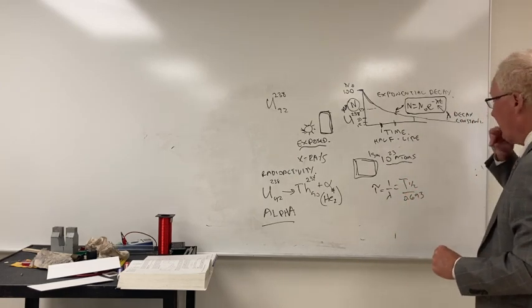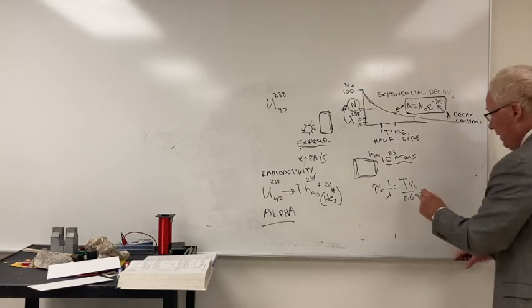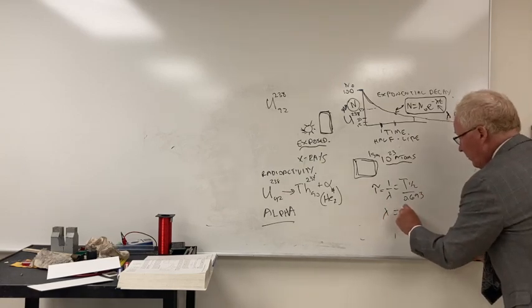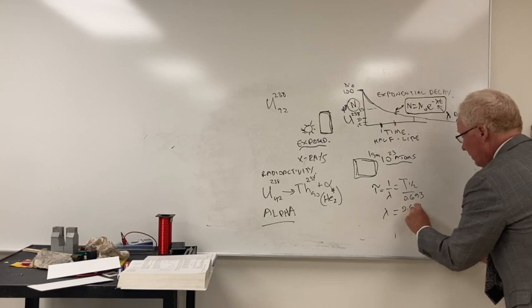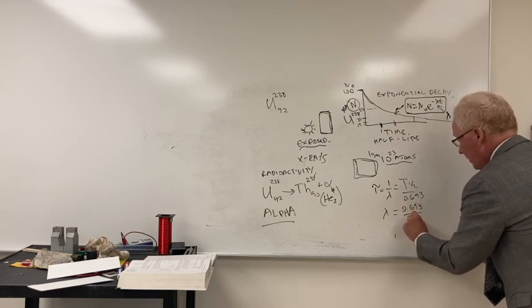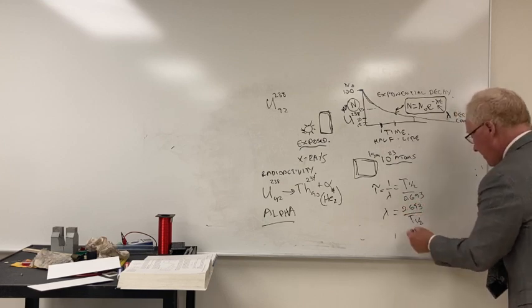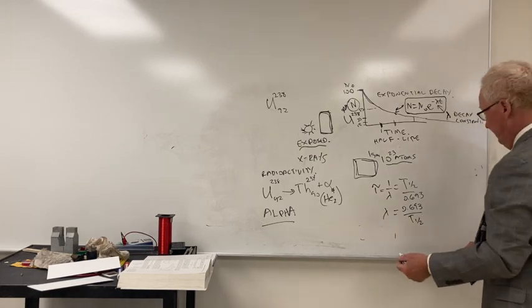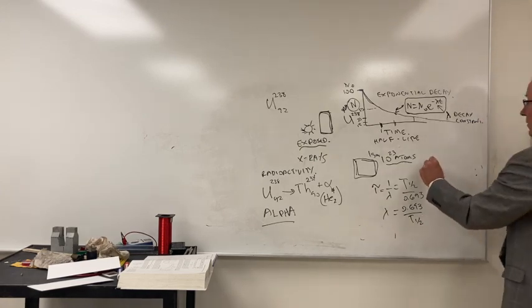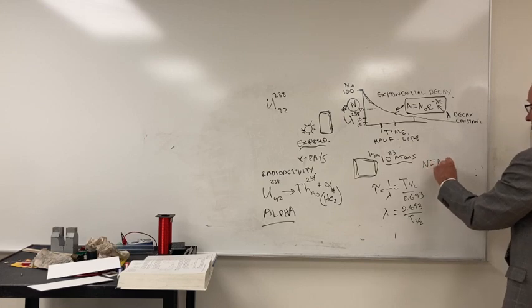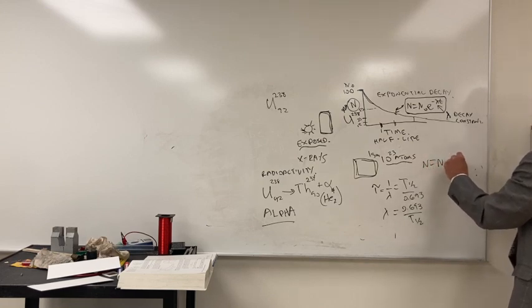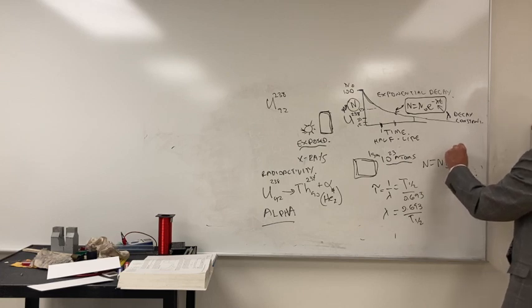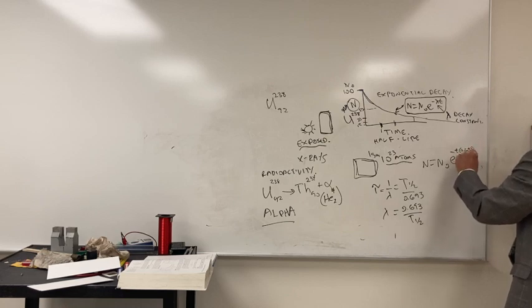So what we can do is replace lambda with 0.693 over t half-life. So this will be time in half-lives. So then we can write this expression here. N is N naught e to the minus t times 0.693 over t half-life.